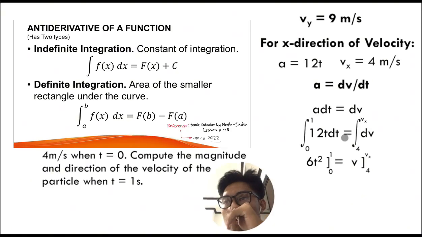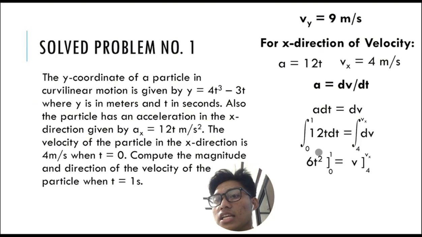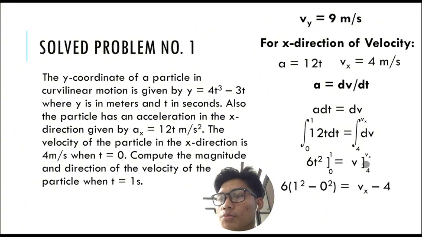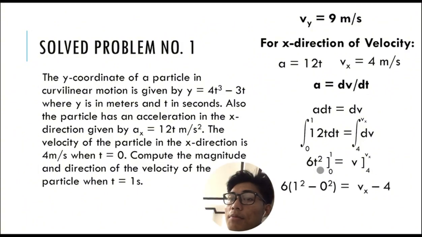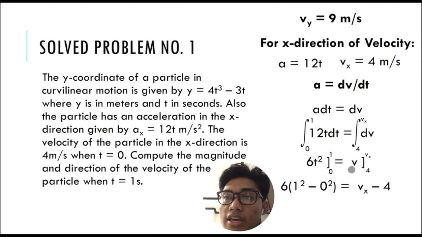Integral ni 12t dt is 6t squared, kasi integral ni t is t squared over 2. 12 divided by 2 is 6. Yung 6 pwede naman natin ilabas na para di tayo malito. At yung matitira yung variable na to, which is 1 squared minus 0 squared equals Vx minus 4.